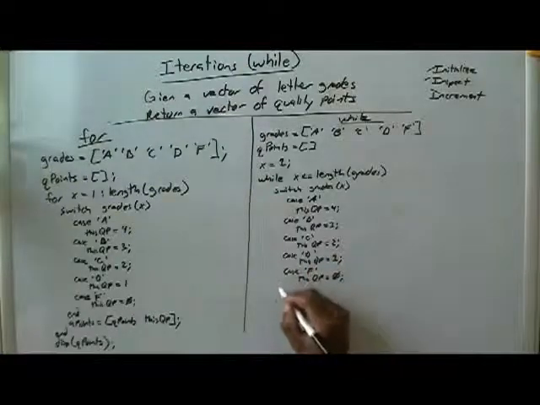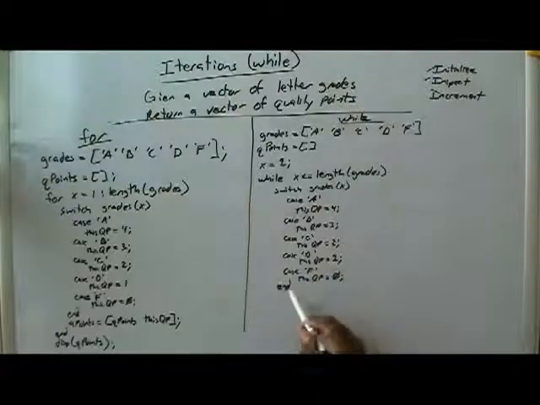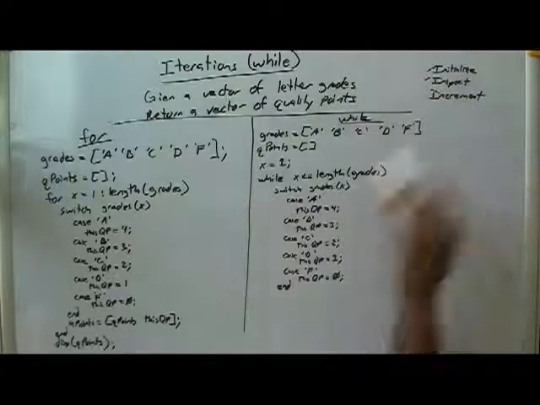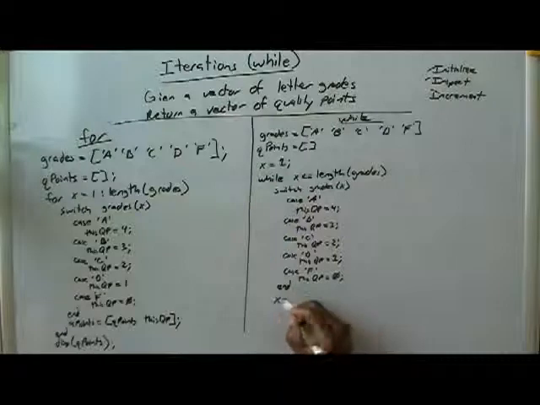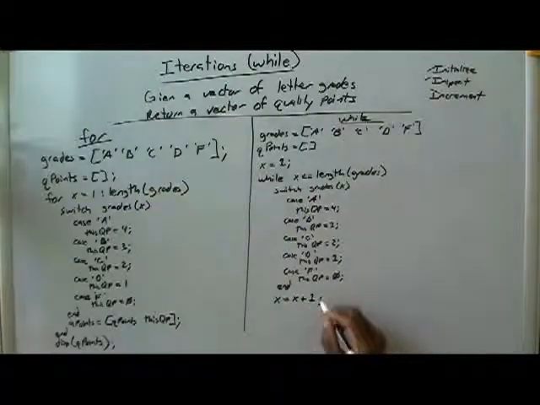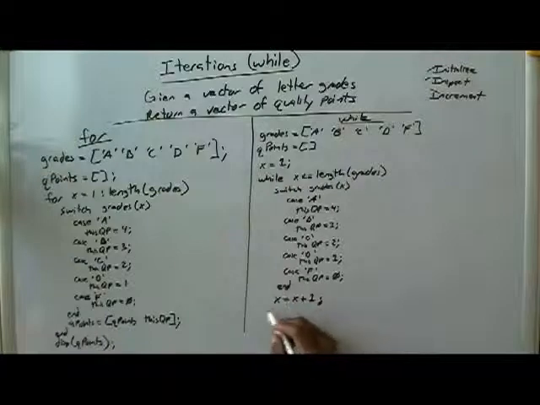And then I come down here and I end my switch statement. Now, here's the difference. Now I must do my incrementing. So I've got to put an extra line of code in here, x equals x plus 1, and that handles my incrementing.